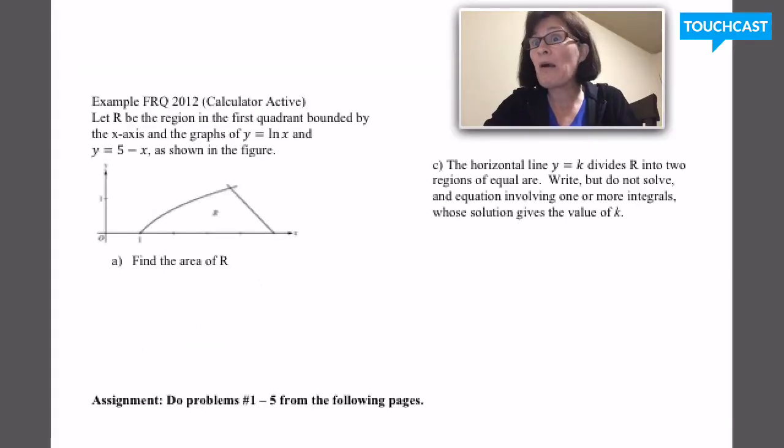And I've got one more part here. Part C says the horizontal line y equals k divides R into two regions of equal area. Write but do not solve an equation involving one or more integrals whose solution gives the value of k. It's totally normal the first time you read this to think, oh my God, there's no way I'm going to be able to solve for k.